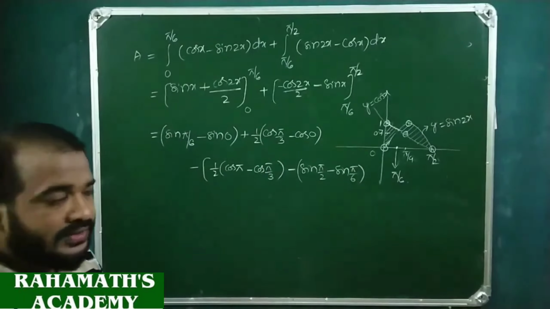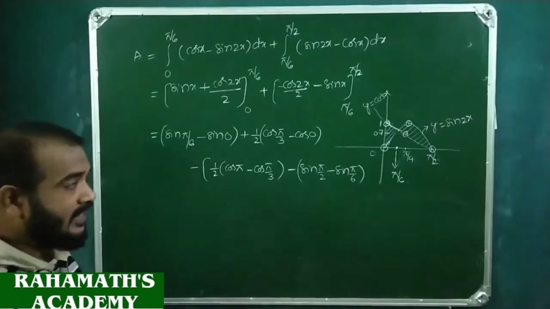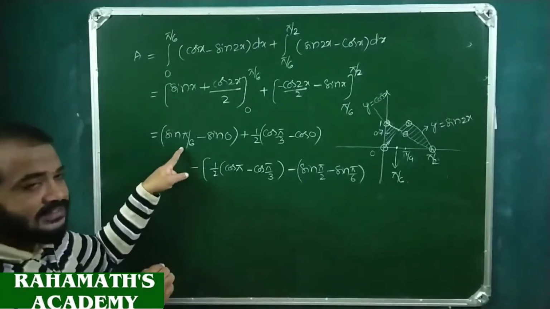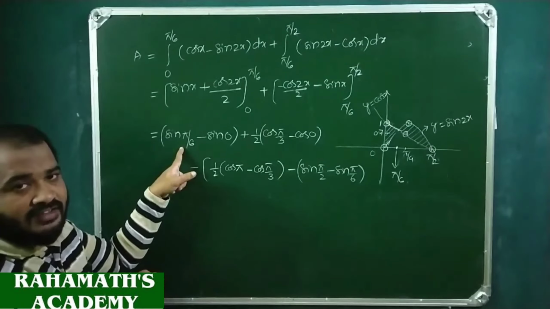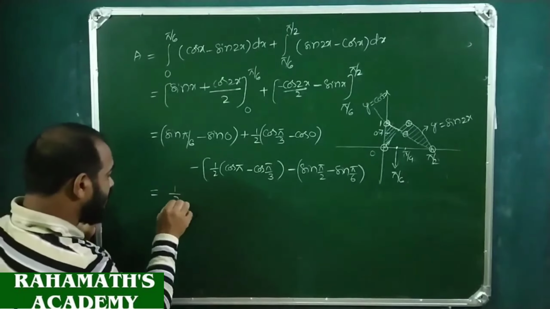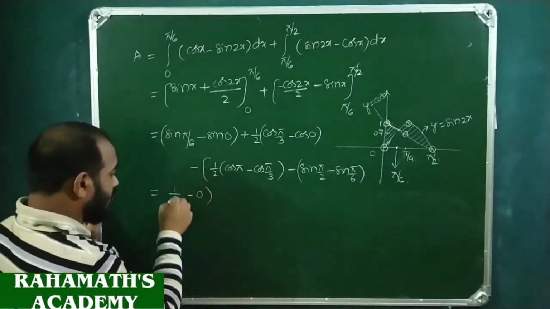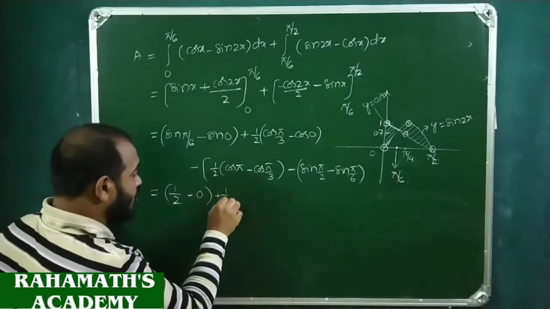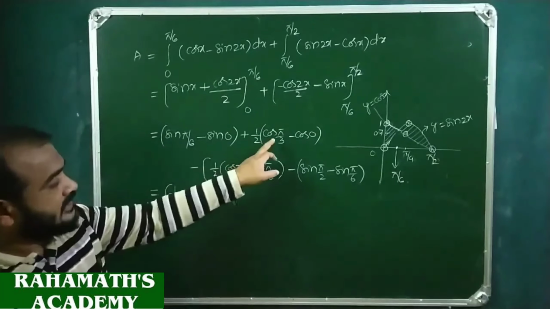So all we need to do is just to simplify. Sin pi by 6 is sin 30. Sin 30 value is 1 by 2. Sin 0 value is 0, plus 1 by 2, cos 60.